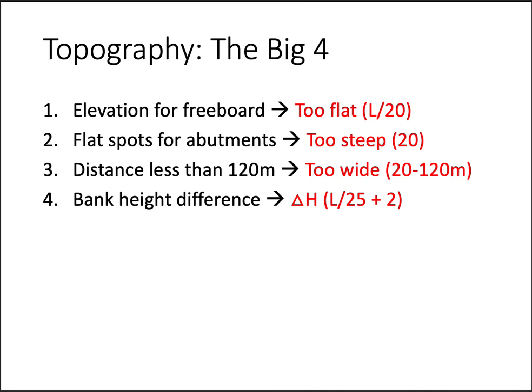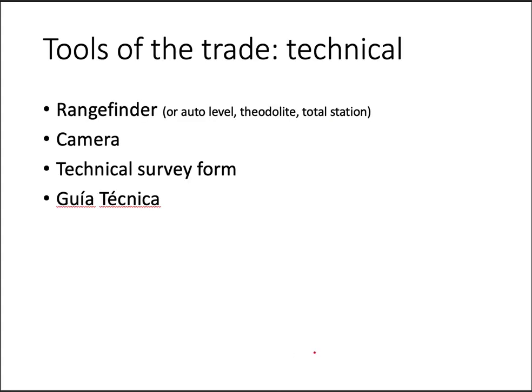And that's pretty much it. These are the 4 things you need to take into consideration. If you just follow the Guia Technica and these 4 things, you'll be able to identify whether a site is worth studying further.